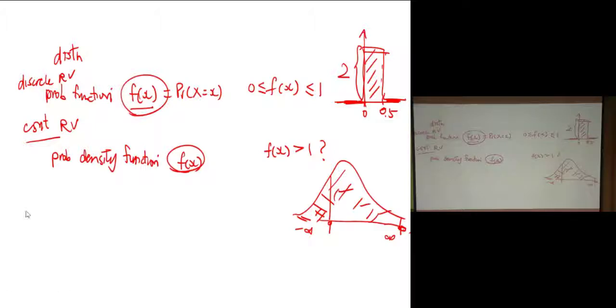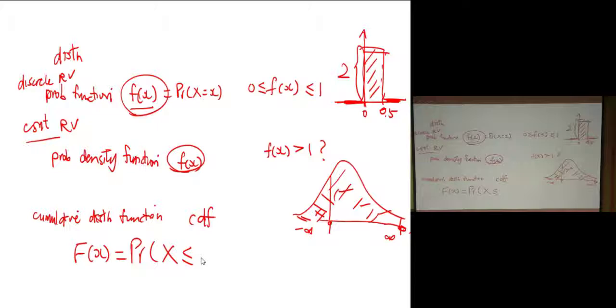This probability function or probability density function will identify the distribution. But there's one more, what we call the cumulative distribution function, or distribution function. Sometimes we just write it as CDF. Use a capital letter to represent it. It is equal to the probability of the random variable being less than or equal to x.